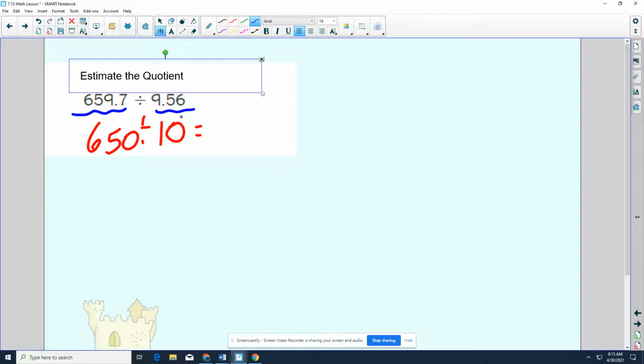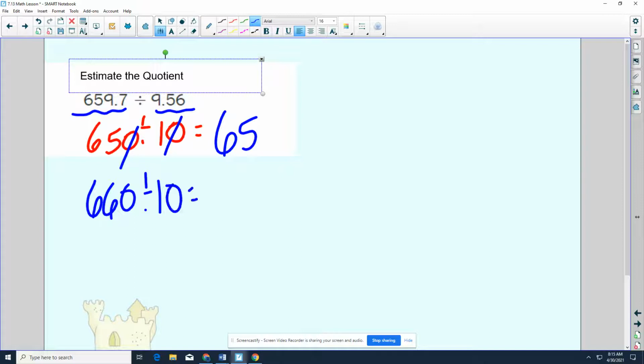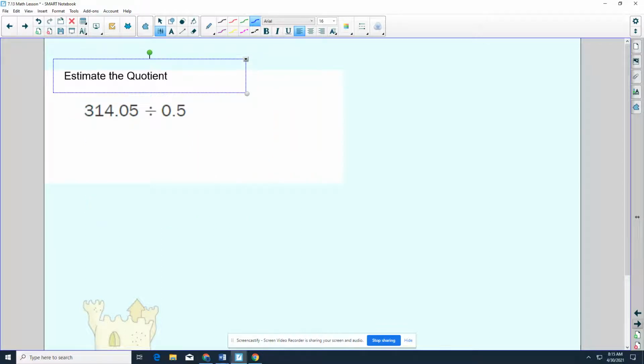And I know when I divide by 10, I just mark out my common zeros, and my answer should be around 65. Again, you could definitely do 660 divided by 10. And you use the same concept, mark off your common zeros, and you get 66. So I know that when I divide that out, I should be around 65 or 66. I know that my decimal should be after the tens place.